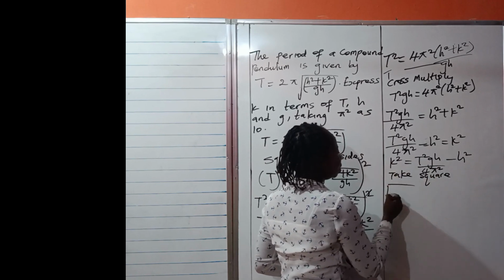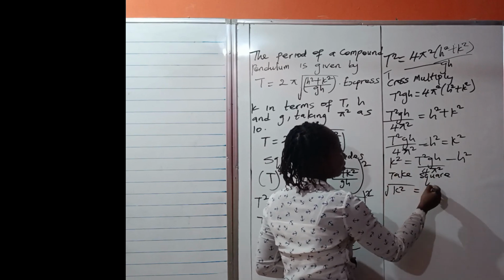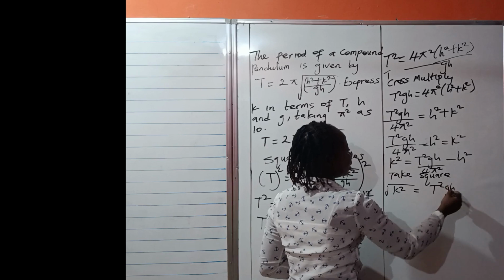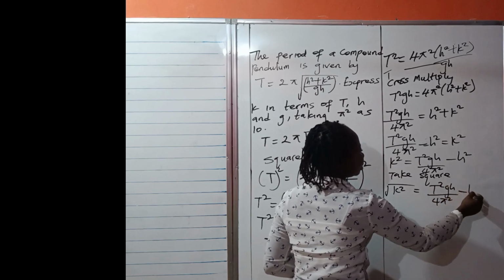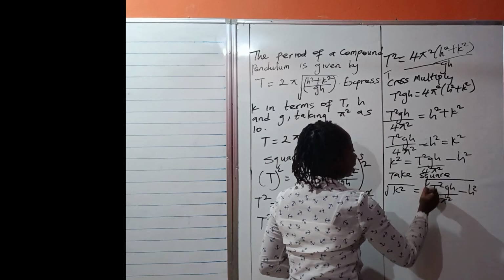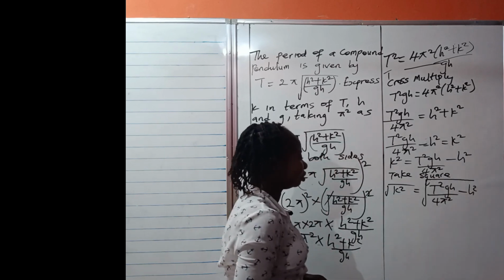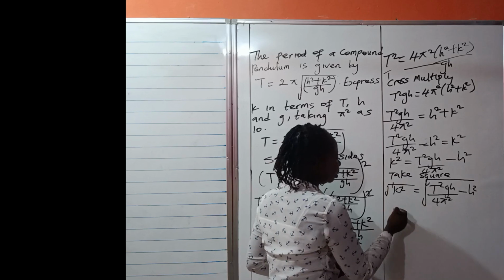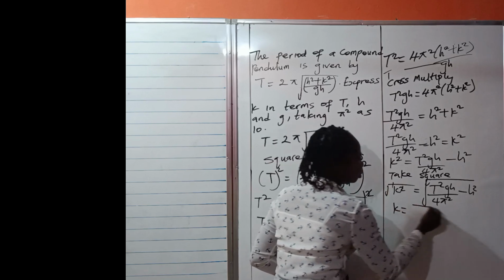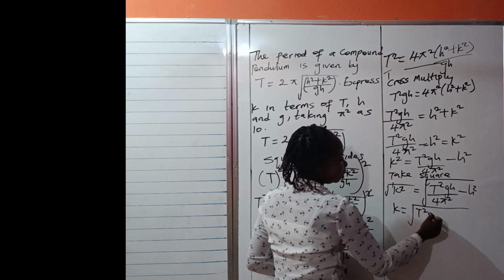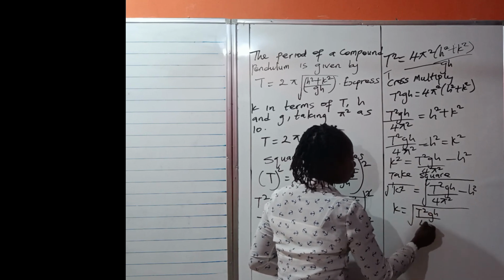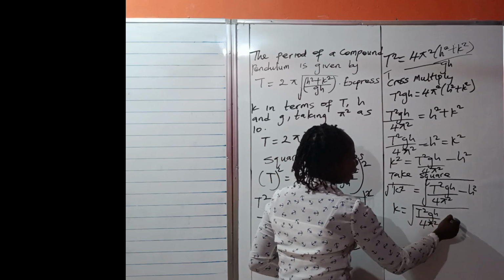If we take the square root of this, we have k equals the square root of T squared gh over 4 pi squared minus h squared, everything in square root.